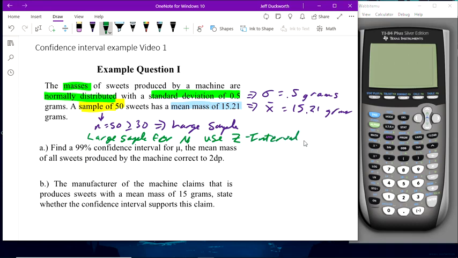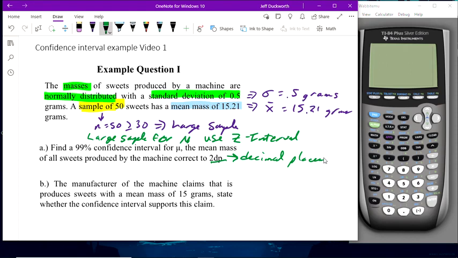We'll use a z because we have a value of at least 30 or more for a mean. We'll use a z interval. Find a 99% confidence interval for mu, the mean mass of all sweets produced by the machine, corrected to 2dp. 2dp is decimal places, so we're going to do our confidence intervals with that in mind.